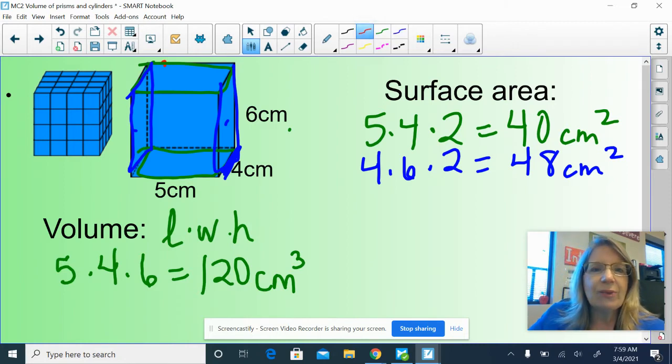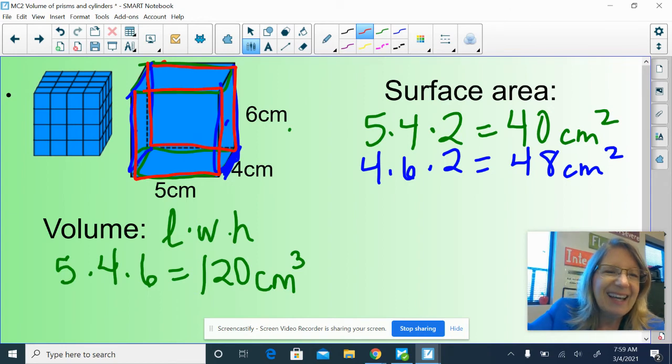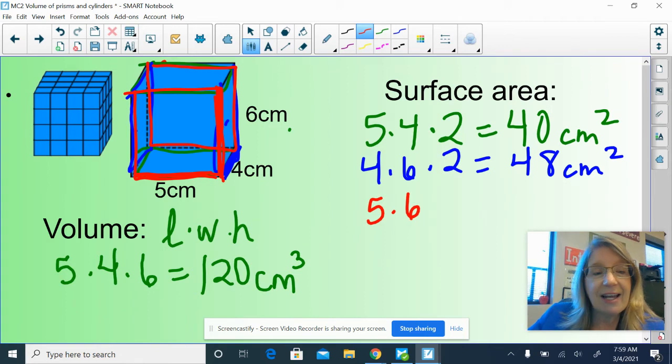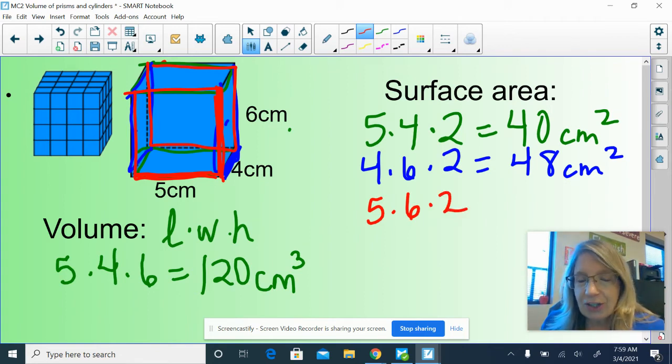And the last one is the one facing the back and the one facing us. And do you see how that dimension looks like 5 by 6? So 5 by 6, and there's 2 sides. 5 times 6 is 30, times 2 is 60.